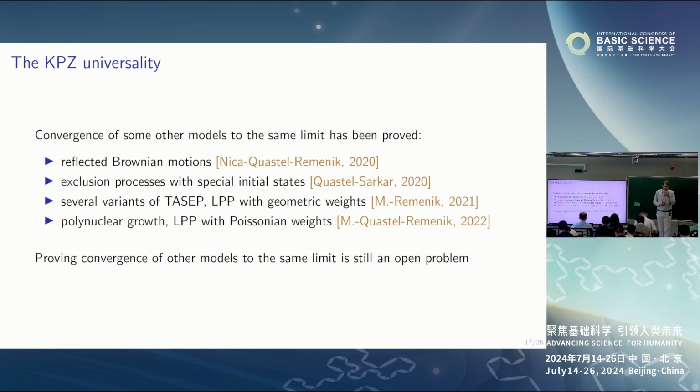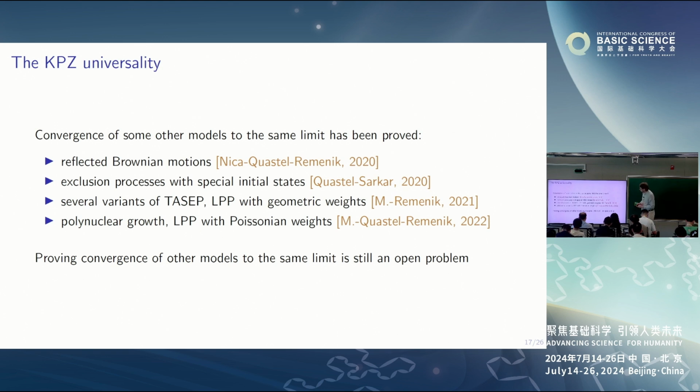So we proved the scaling limit of one particular model in the KPZ universality class, TASEP. And of course, a natural question is, can we prove the same limit for some other models? For some models, we can do it, but only for those models for which we know exact formulas.